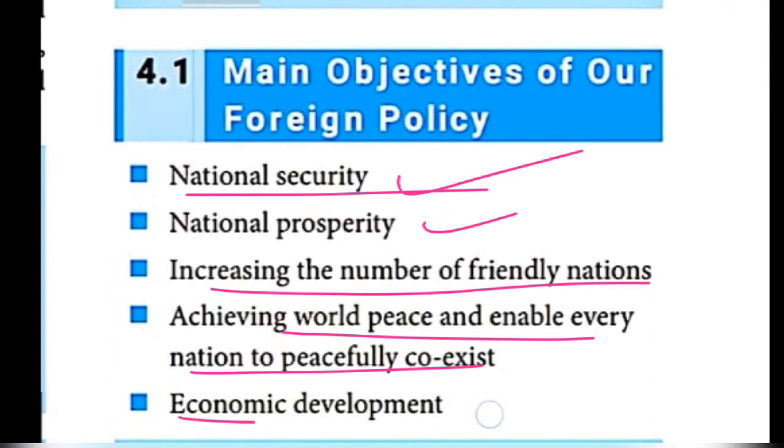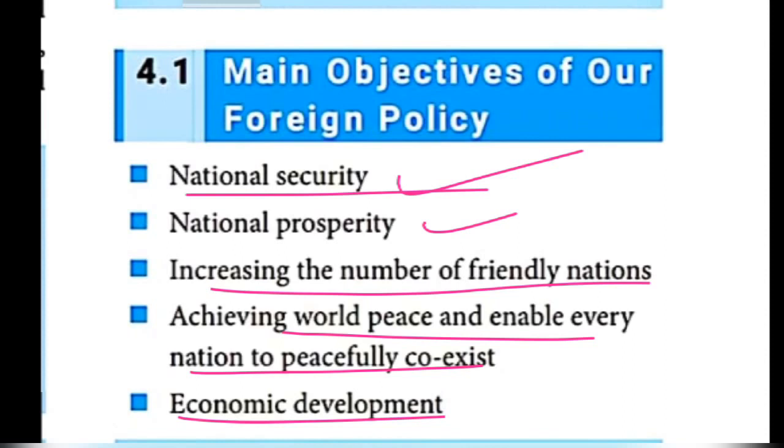The last one: through peaceful talk we have to achieve economic development. Economically we should be developed through peaceful talk, not by arms, not by using weapons. Instead, we should have peaceful talk with other countries.